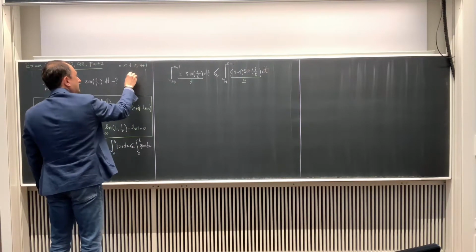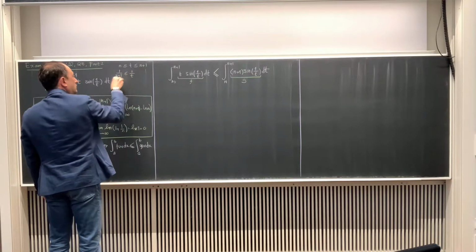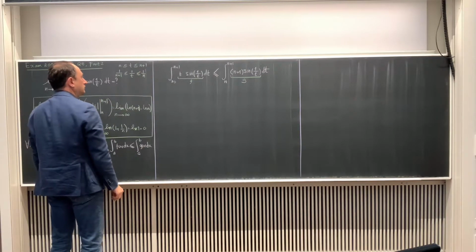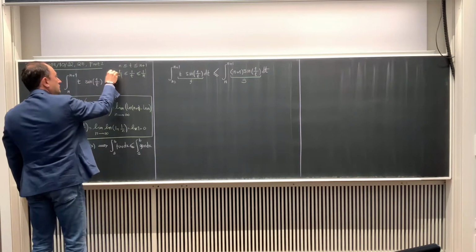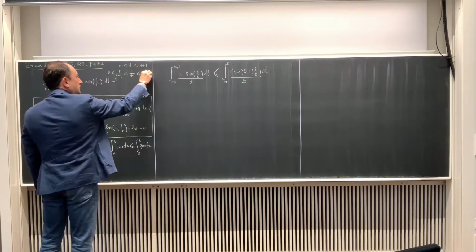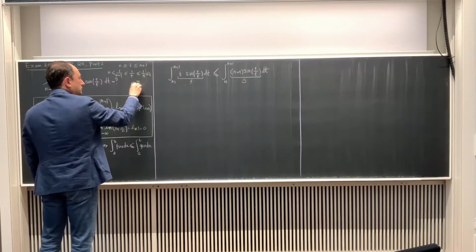So this means that 1 over t is greater than or equal to 1 over n plus 1 and less than or equal to 1 over n. But 1 over n plus 1 is positive, 1 over n is less than or equal to 1, and 1 is less than pi over 2.